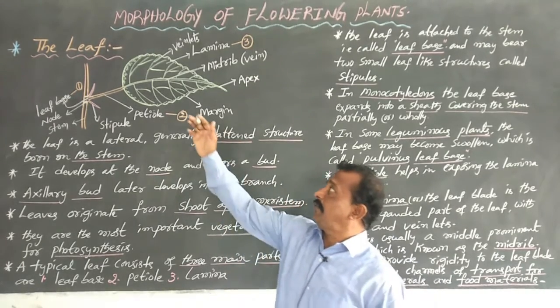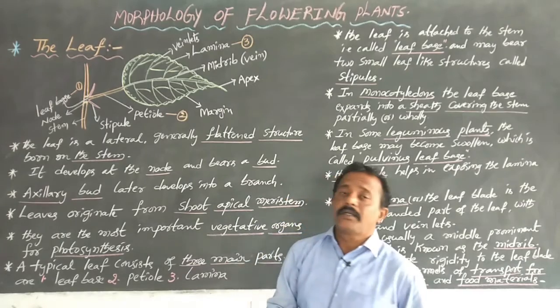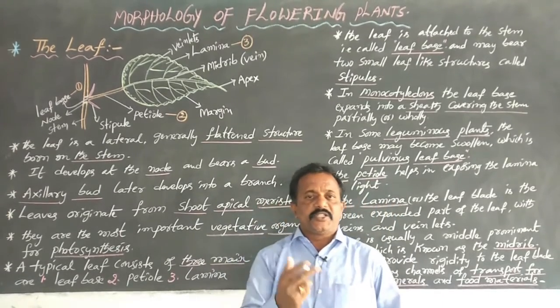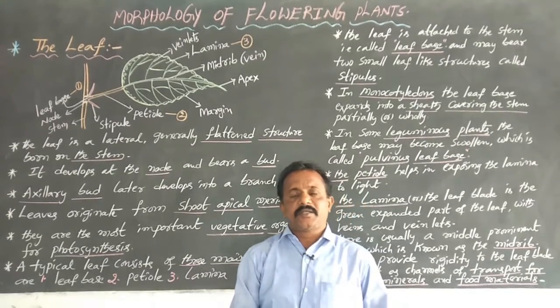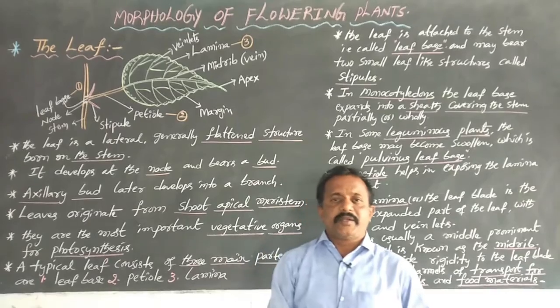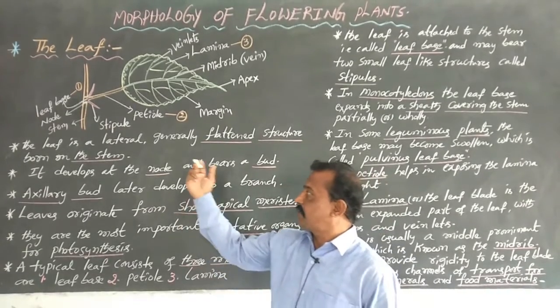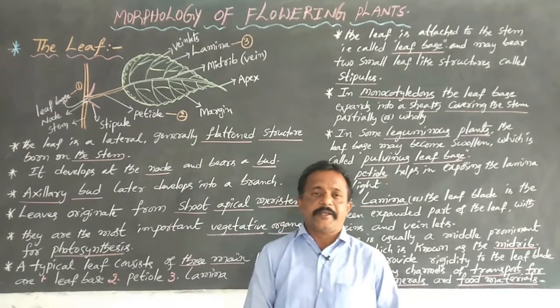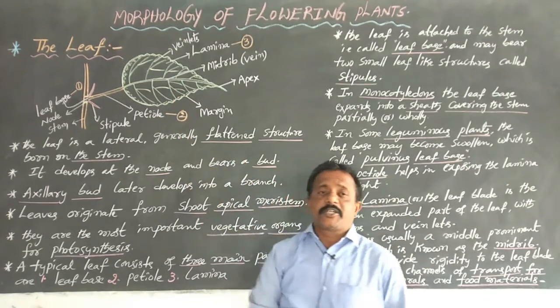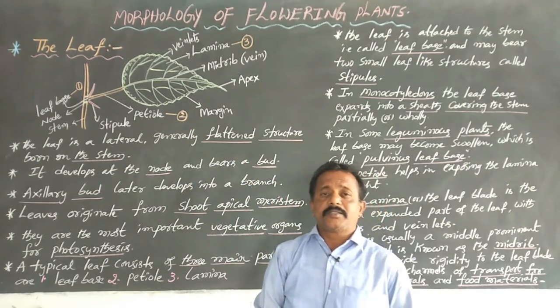Now today we are going to discuss the leaf. What are the general characteristic features of the leaf? First of all, what is the meaning of the leaf? Dear students, the leaf is a lateral, generally flat structure borne on the stem.